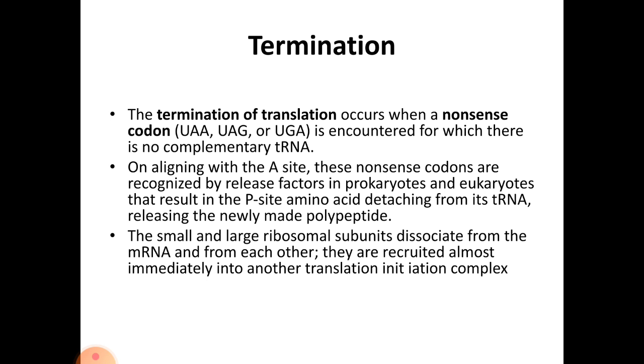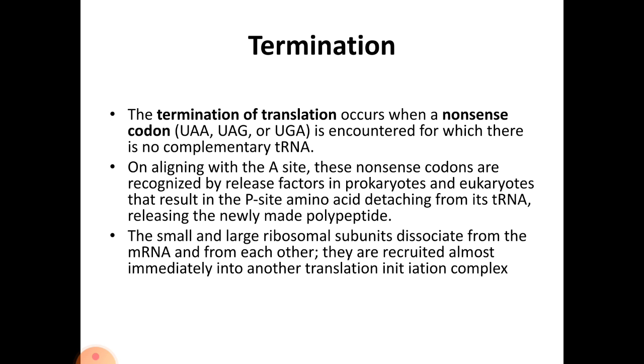The final stage of translation is termination. Termination of translation occurs when a nonsense codon called UAA, UAG or UGA, also known as stop codons, is encountered, for which there is no complementary tRNA.